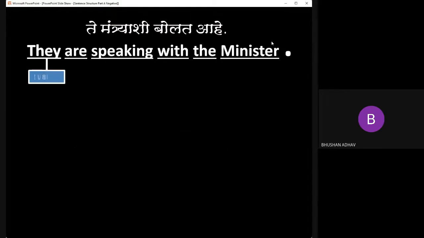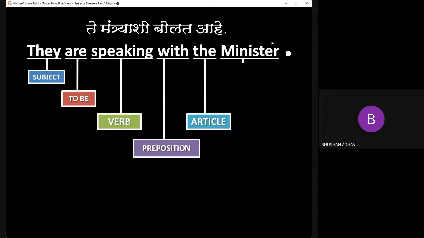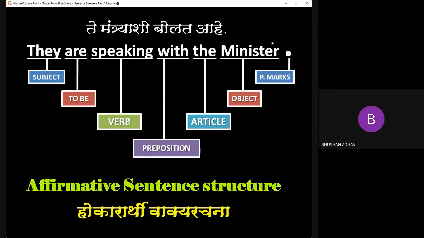The affirmative sentences always start with subject and then afterward the to be form, then afterwards verbs, and then preposition, then the, then minister, and then full stop. That is a punctuation mark.